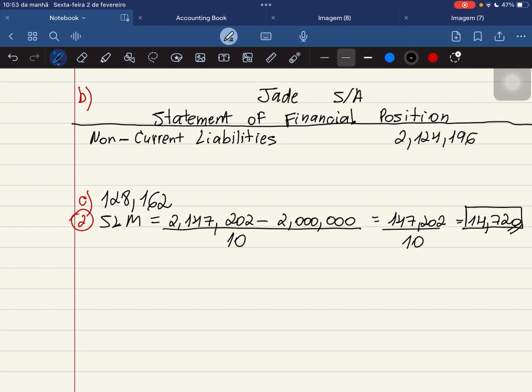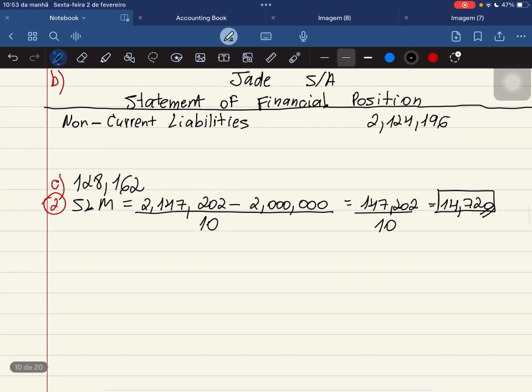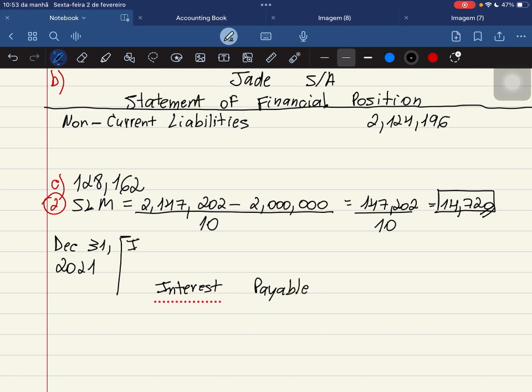Okay, so actually the entry that we would have made in theory would be what? Interest payable. If this was the straight line method, interest expense, and the amount that in theory would come from the table, right?